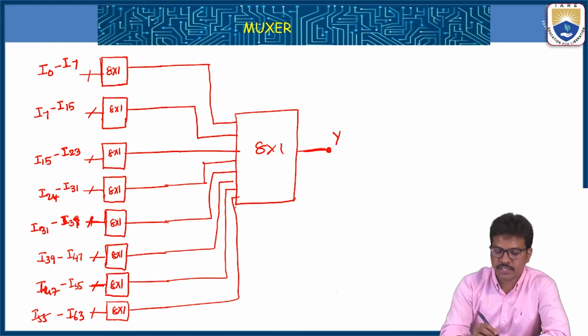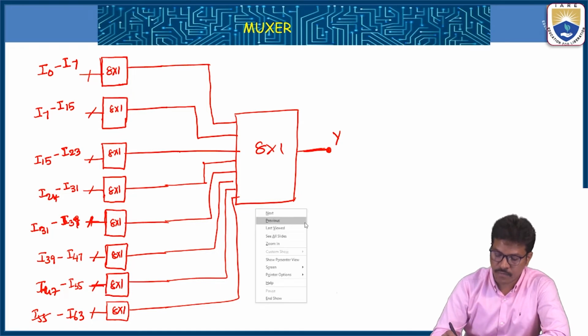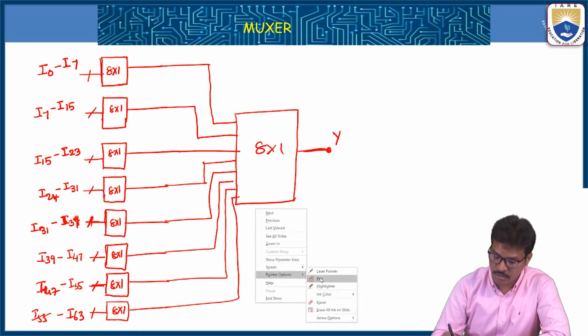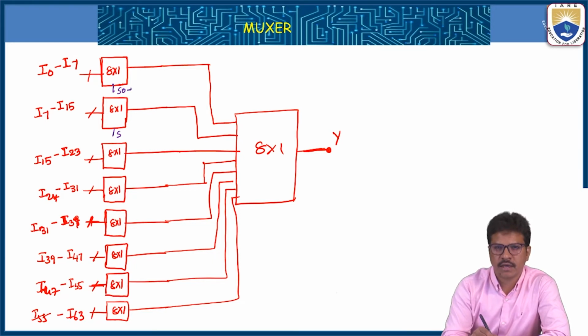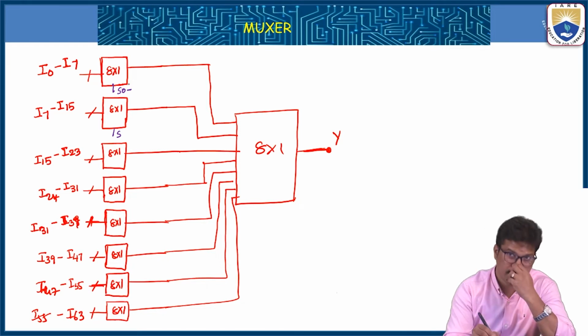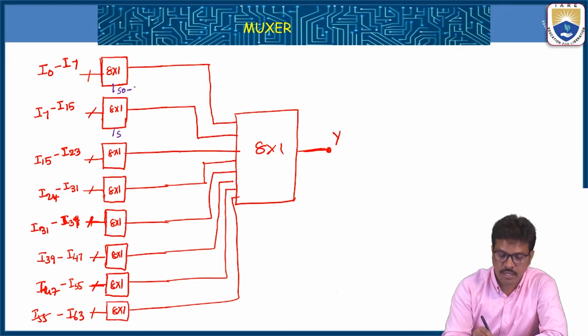The select lines: S0 to S2 go to each 8x1 multiplexer, since an 8x1 multiplexer takes three select inputs.